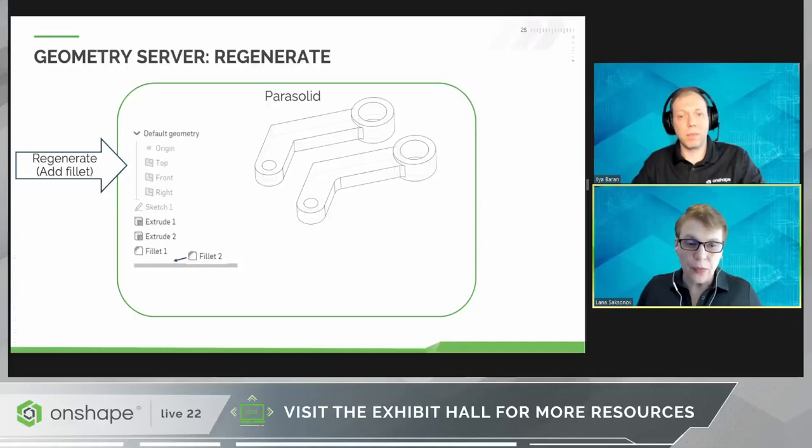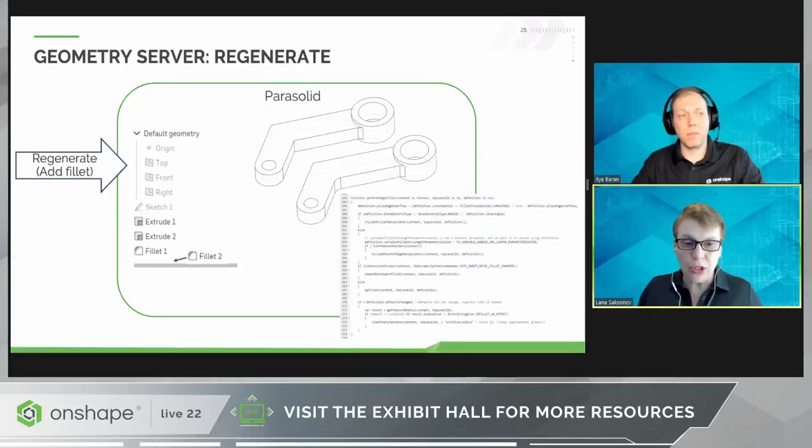If you recall, our features are written in FeatureScript. So regenerating the fillet feature means executing this block of code, which is the definition of fillet in the std library. Internally, the geometry state is a BREP represented in the Parasolid kernel, and each geometry change is achieved by a call to its corresponding Parasolid API.